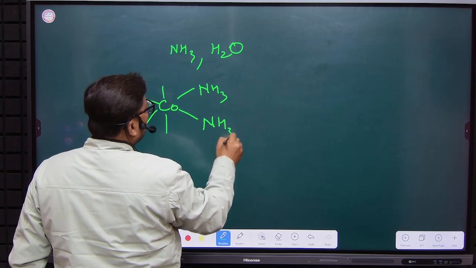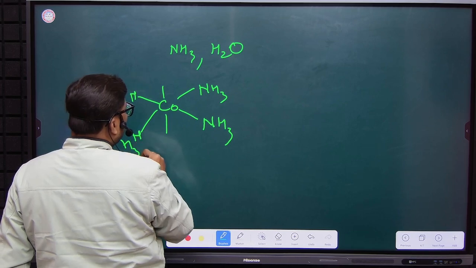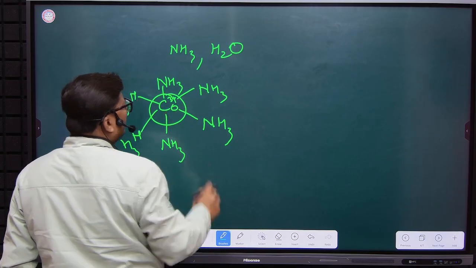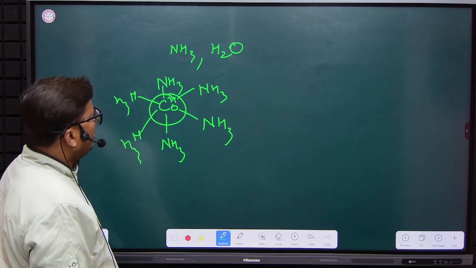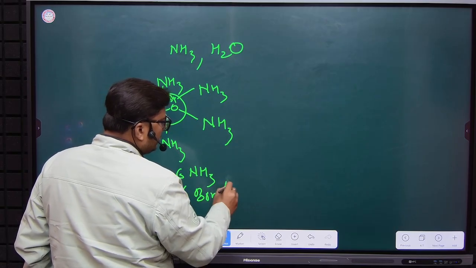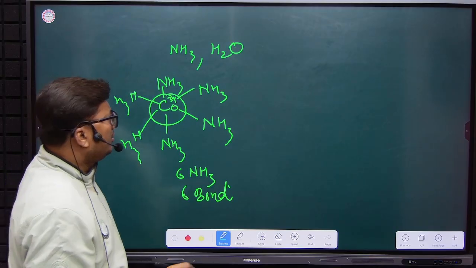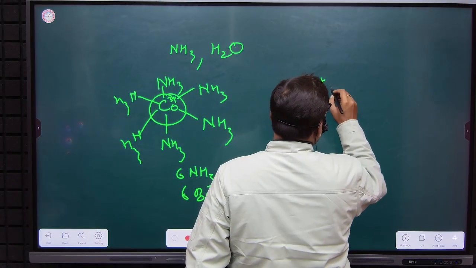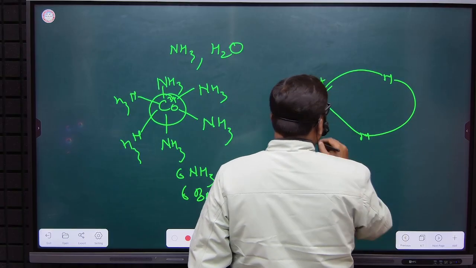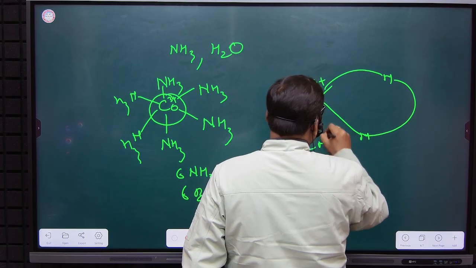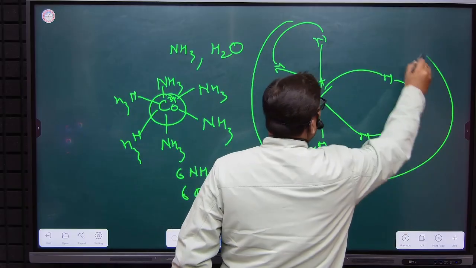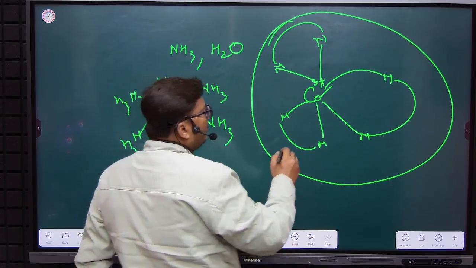Cobalt 3+ forms an octahedral complex having 6 ammonia molecules, 6 coordinate covalent bonds. But when cobalt 3+ forms a complex with a bidentate ligand, three bidentate ligands form a chelate complex around the cobalt 3+.